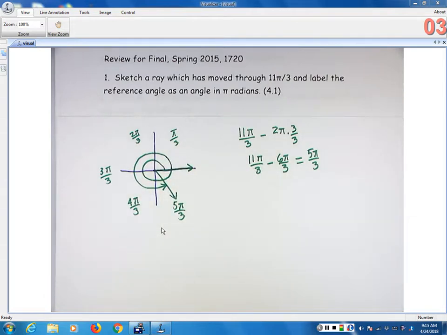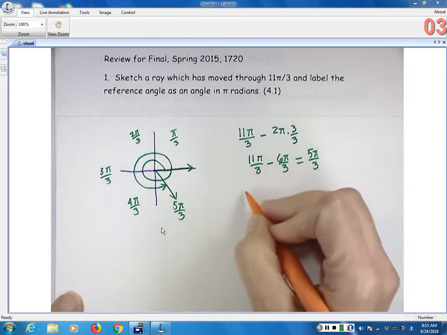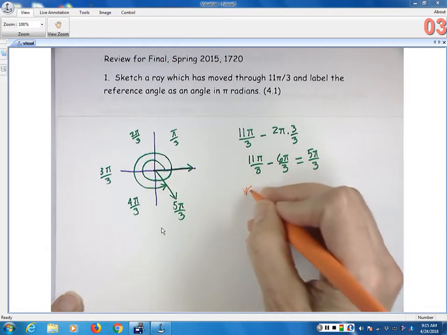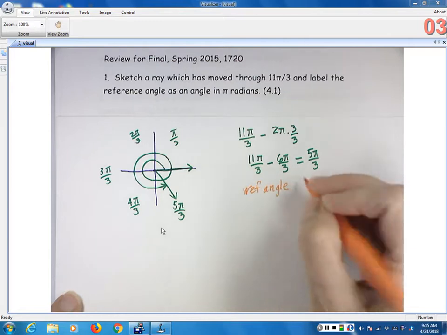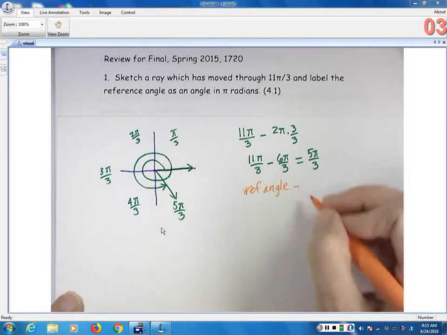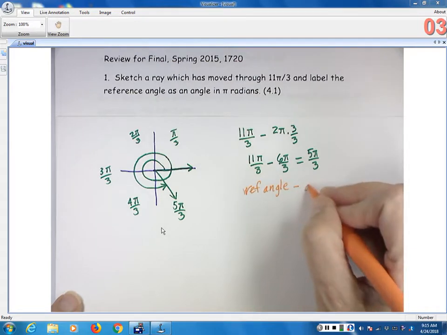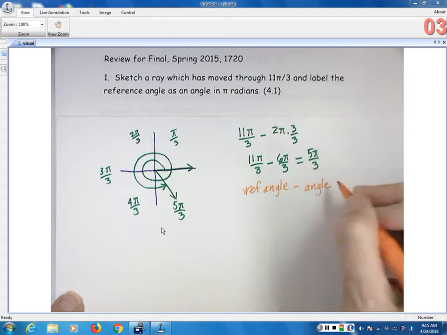And then it asks you to label the reference angle. Okay, so in pi radians, the reference angle is always the angle against the x-axis, the closest x-axis. And it's positive.